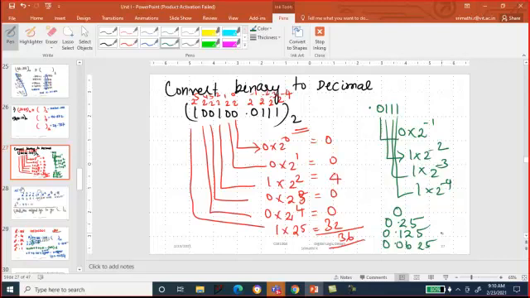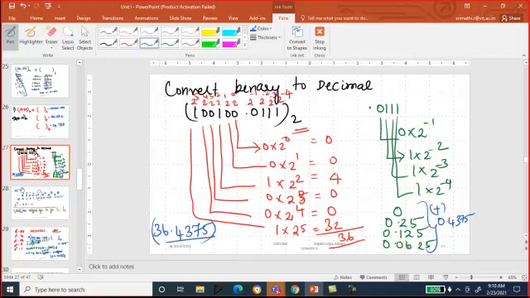If I add this, 0.125 plus 0.25, I'll be getting 0.4375. So the total result is 36.4375.